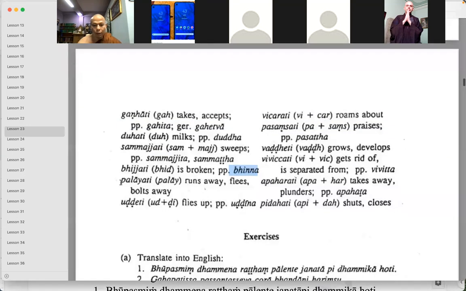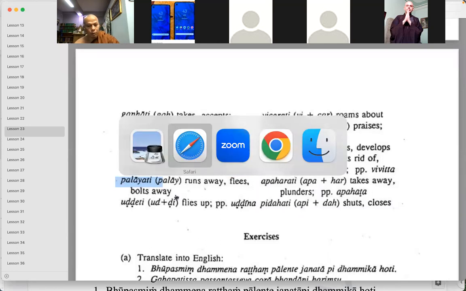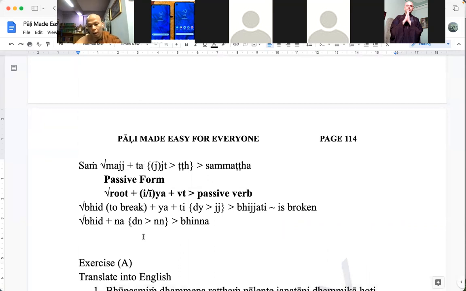And then now palayati. Okay, palayati. So runs away or flees or bolts away. That one also, maybe the root is pla, and then ya, so playa in this way. The sign is R and then D. So other than here, with a double consonant at the very beginning, maybe between them, a is inserted.